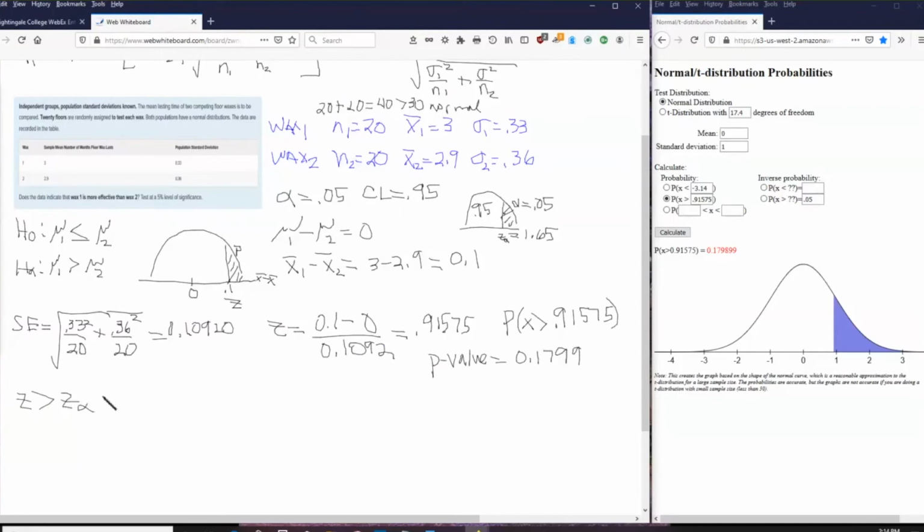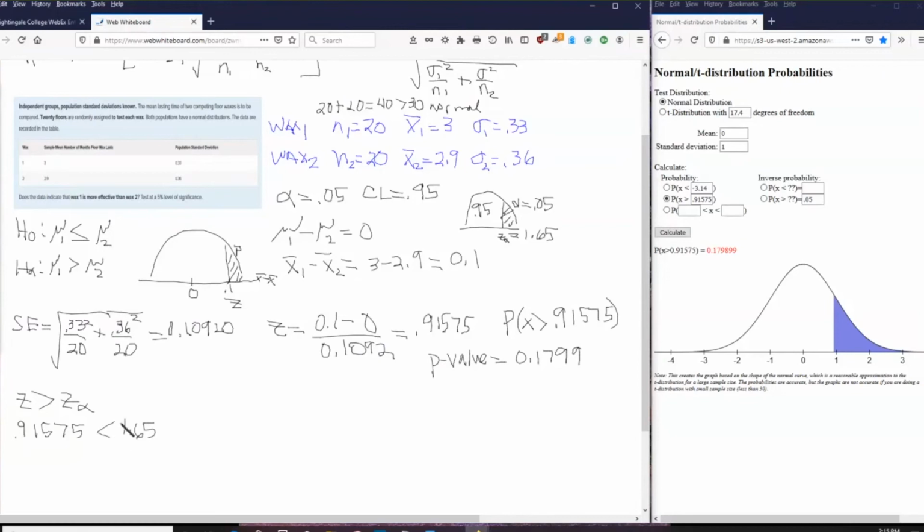I had a z-score of 0.91575, and my z of alpha was 1.65.